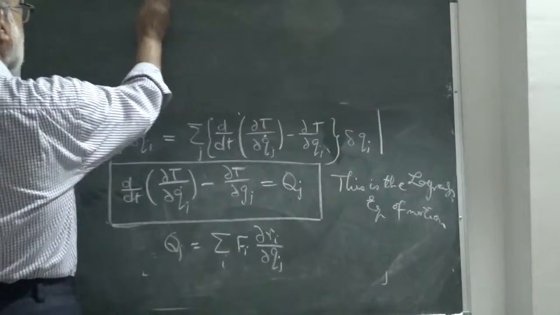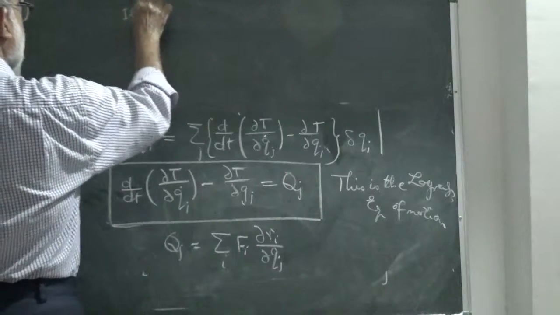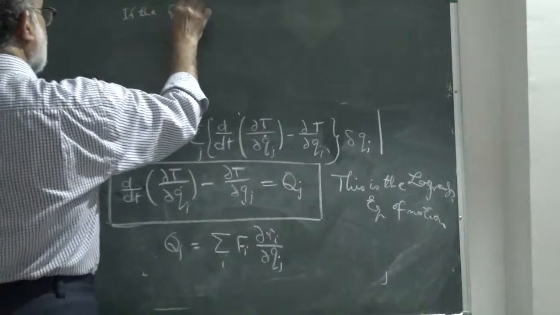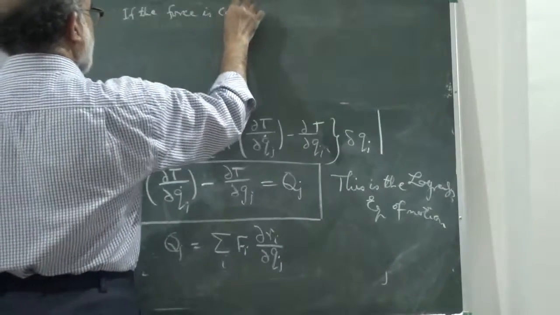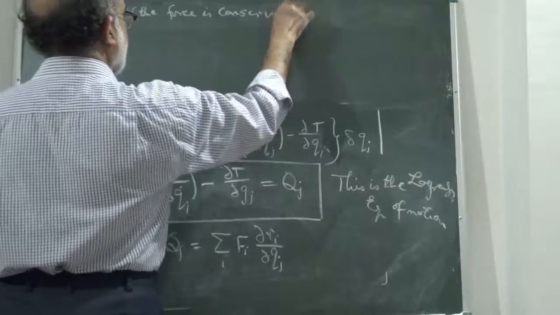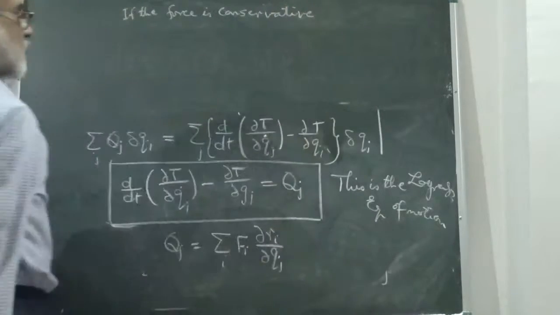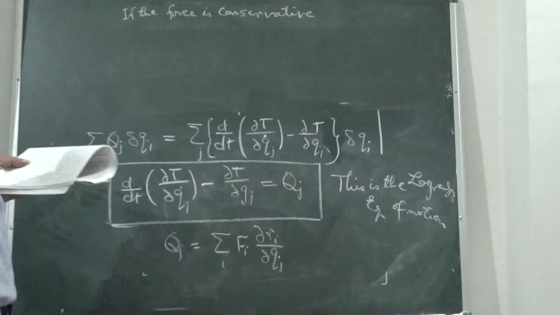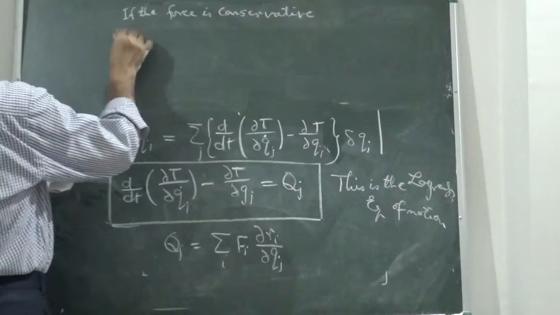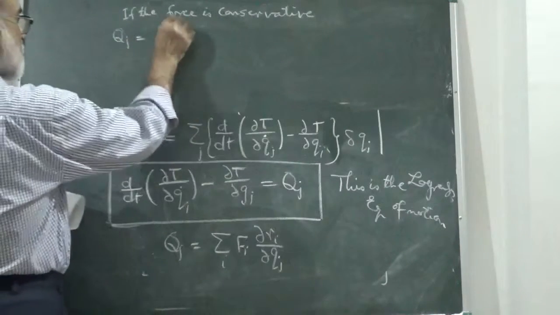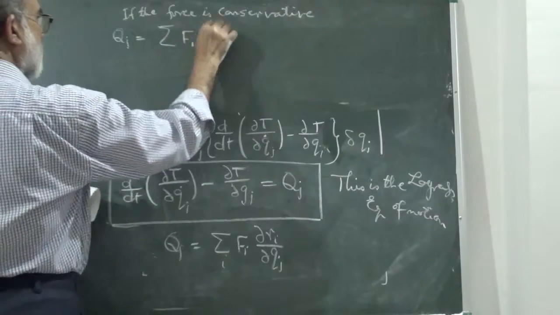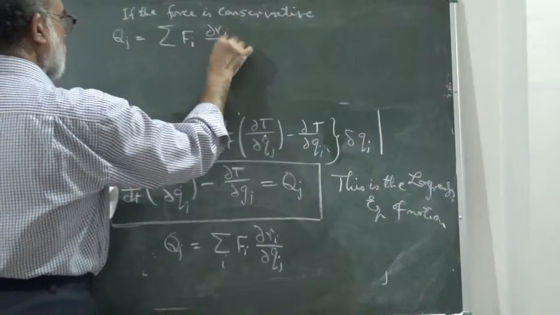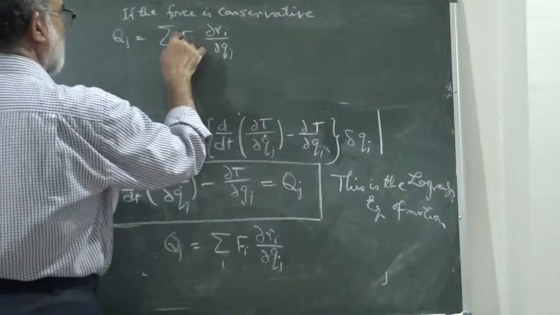And if the force is conservative, this can be derived from potential. So the Qj, which is Fi delta ri by delta qj, can be derived from potential.